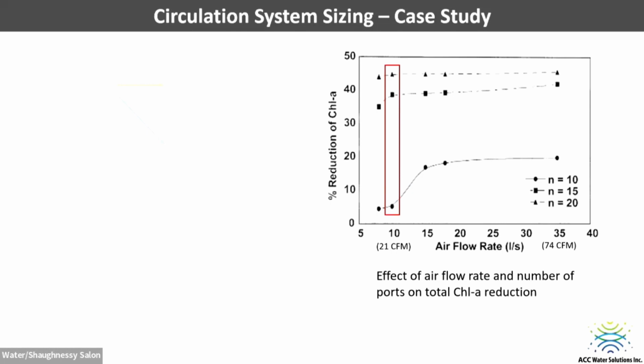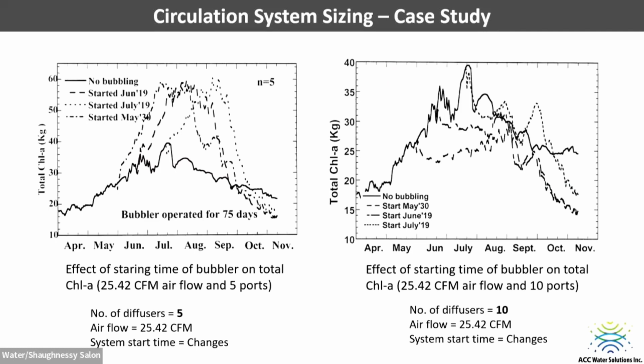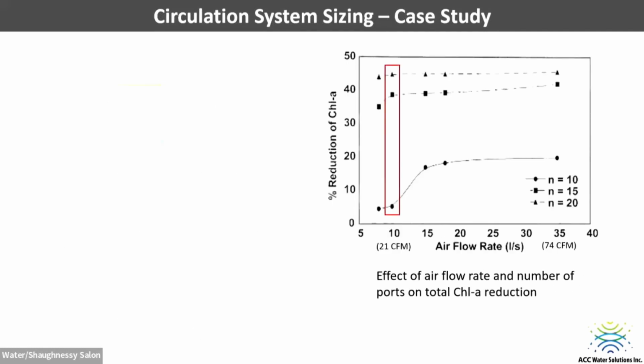If you look at 10 diffusers and 21 CFM, you get a reduction of maybe 5%. But without increasing the airflow, with 15 diffusers you are getting maybe 38%, and with 20 diffusers you are getting 45.